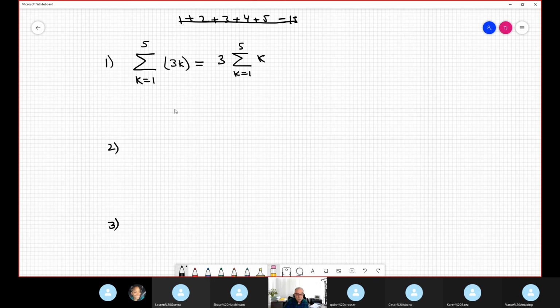You use the formula. The formula is n times (n plus 1) over 2, the formula that we studied before. So it's 3 times, n is 5, 5 multiplied by 6 over 2. This is 30 divided by 2, which is 15. Times the 3 that we factored out, 45. Do you see that?